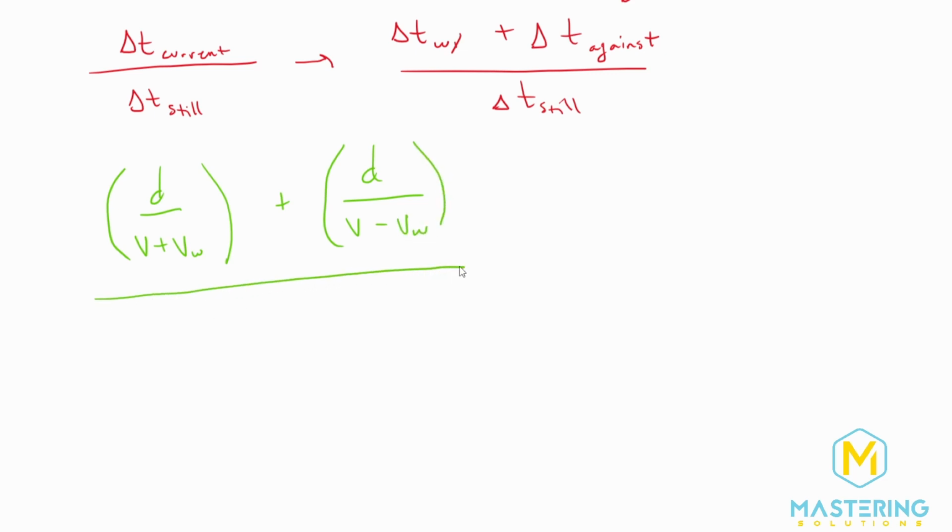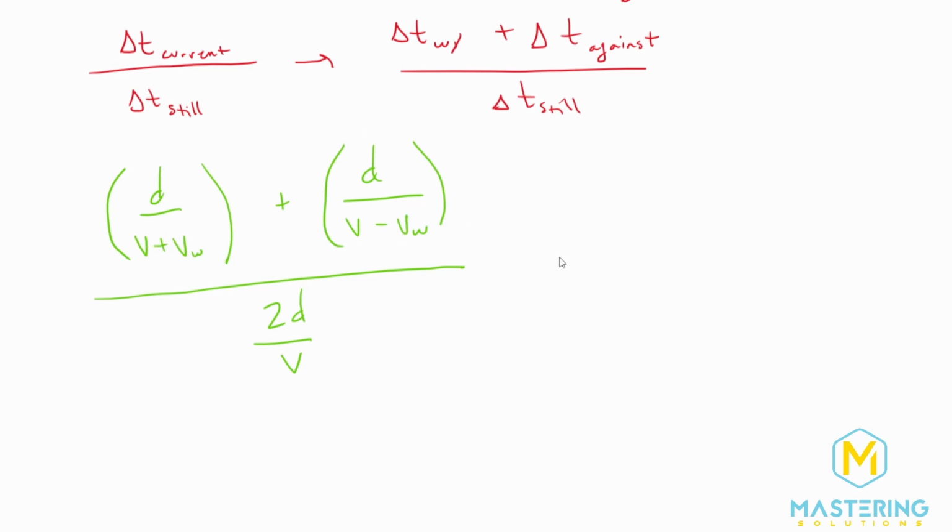All of that will be divided now by 2d divided by the velocity. The distance that we went is we went down and we went back, divided by the speed that we did. Here, we still have our 2d on the top, but we broke it up because we had to factor in the current on both sides.